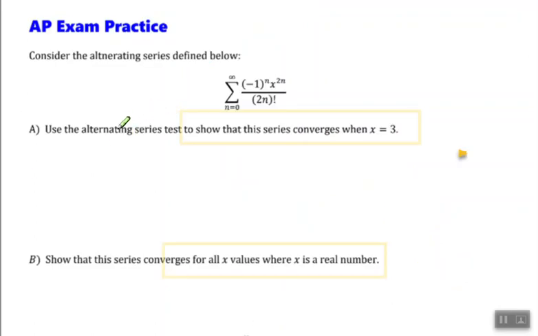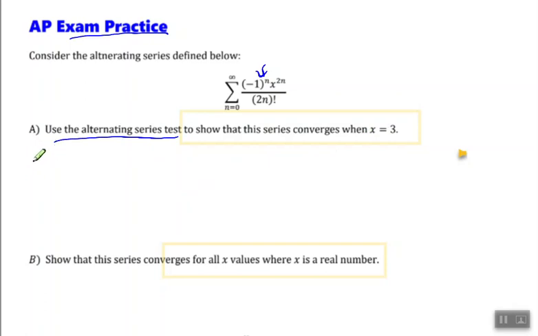Now let's look at an AP Central practice exam about things they would ask you to know about alternating series. So is this thing alternating? Yes, it is. Use the alternating series test to show that that one converges when x is 3.